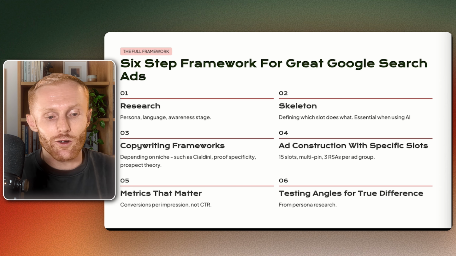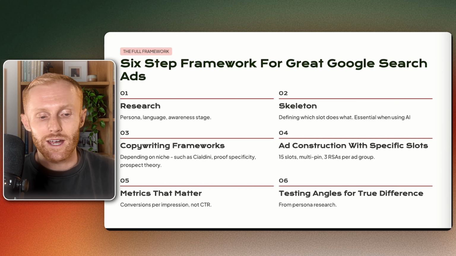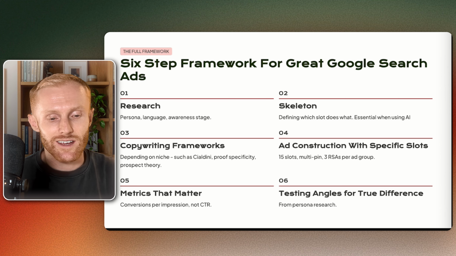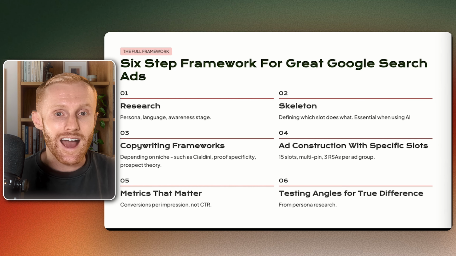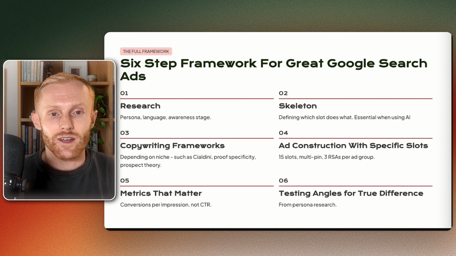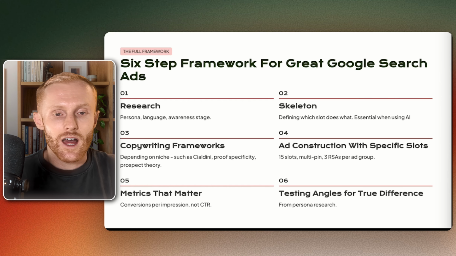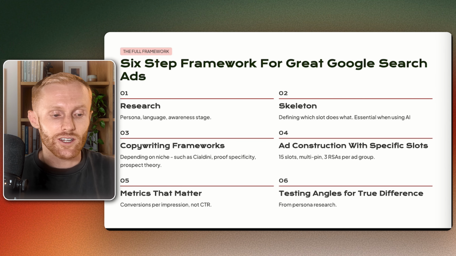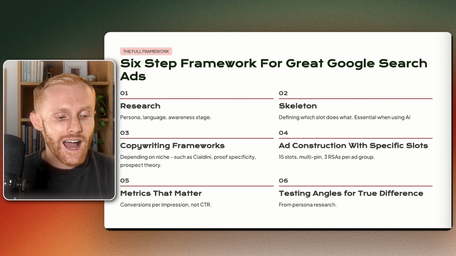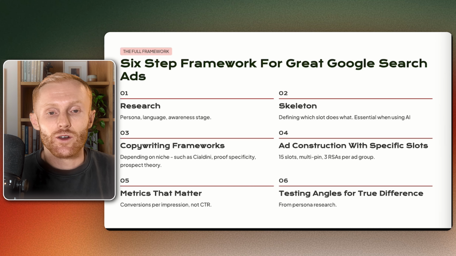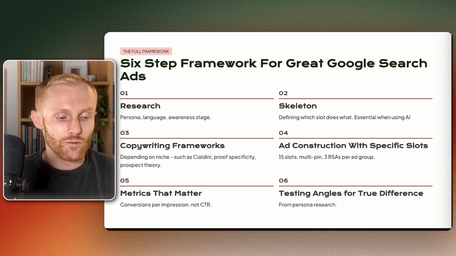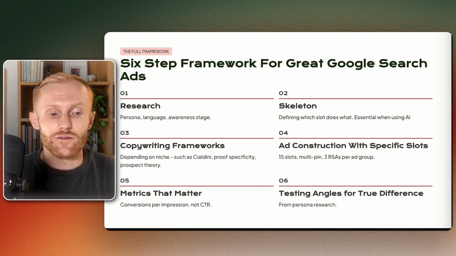Knowing how to write great Google Ads copy is only one puzzle piece, but building campaigns where the message, the product, and the feed all work well together, and then using AI to do that is where you need a joined up strategy, because ultimately it's no good using AI if you haven't got the right strategy in place, and it's no good using AI unless there is good research underpinning it, great understanding of your customer, and you're using copywriting frameworks, and you're actually constructing an ad which is going to perform within the constraints of the platform.